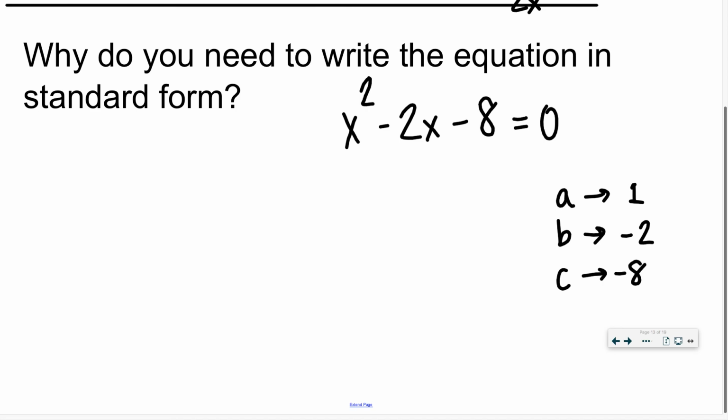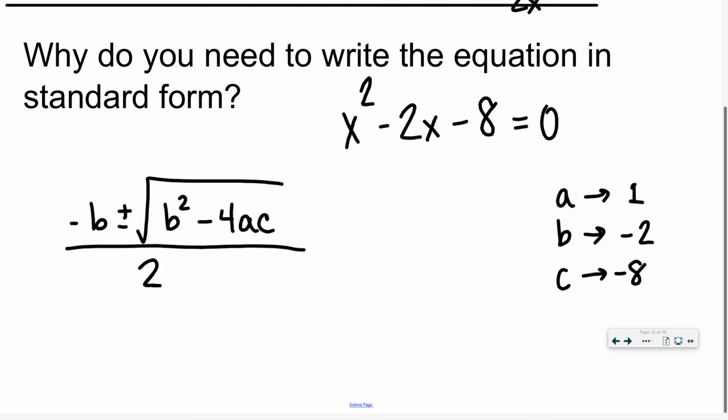Okay, so using those values, use the quadratic formula and solve. Try it real quick. Plug in what you know, calculate it out.